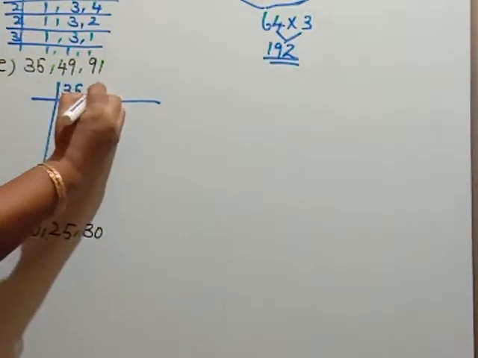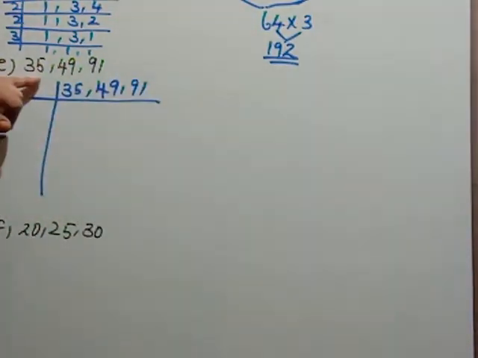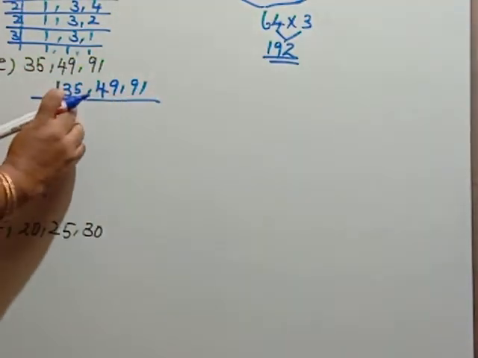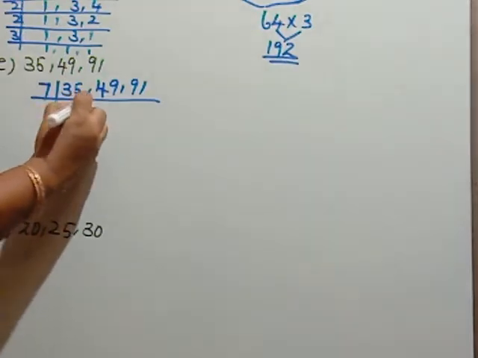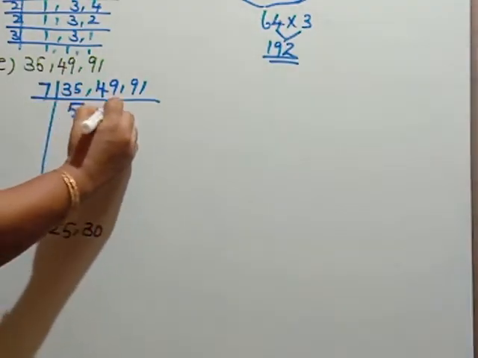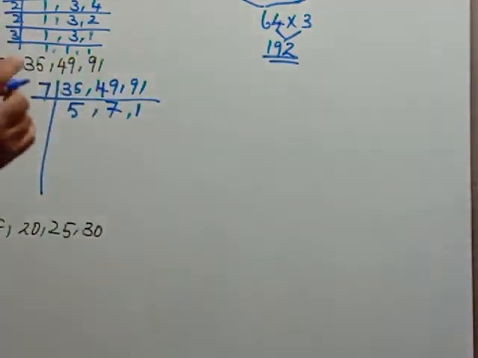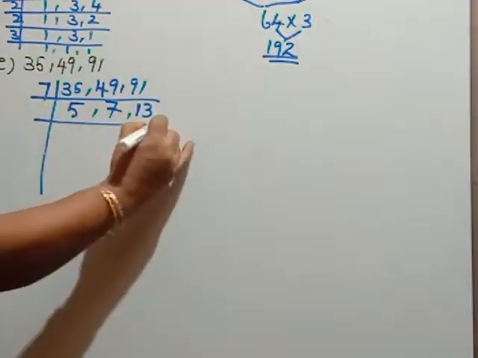35, 49, 91. Can we divide by 2? No. 3? No. 4? No. So I'll take 7, as all the numbers can be divided by 7. 7 5's are 35. 7 7's are 49. Now in 91 there is only 1 7, remainder 2, 21, 3 7's are 21.